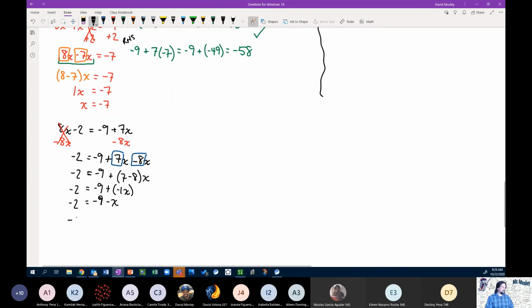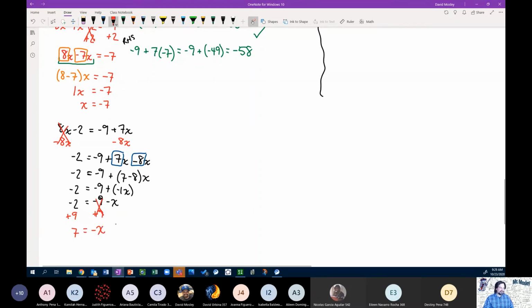Now we're going to add 9 to each side. Negative 2 plus 9 equals 7. Negative 9 plus 9 is gone, equals negative x.